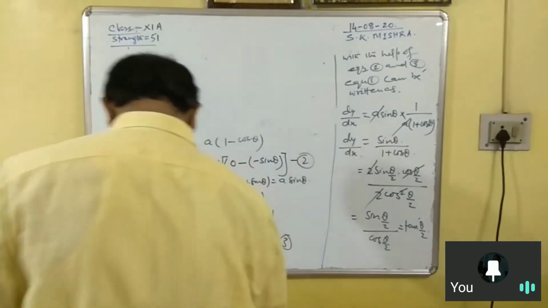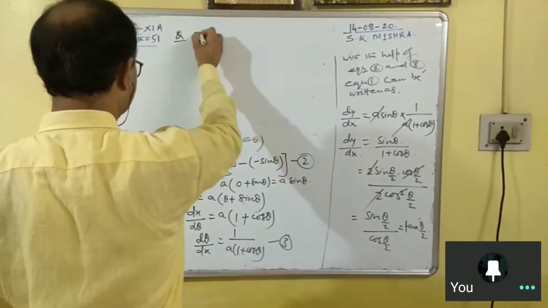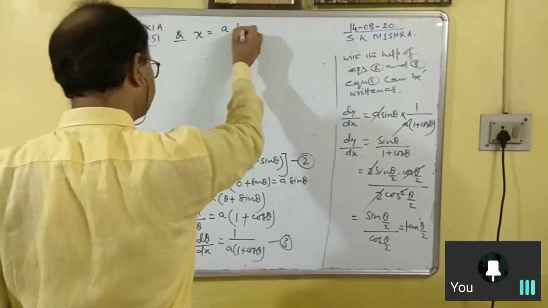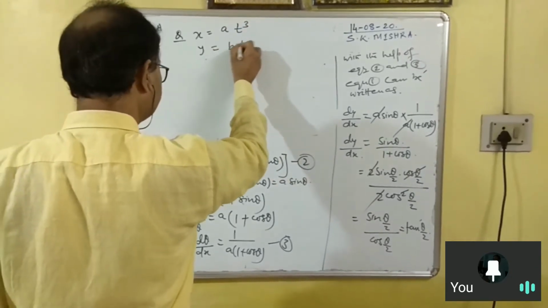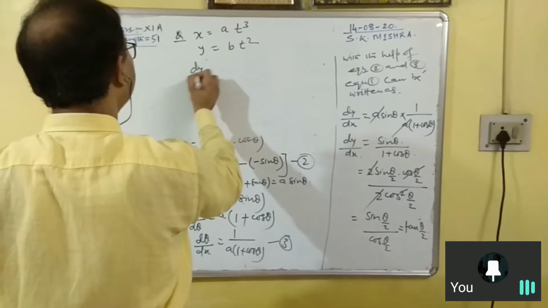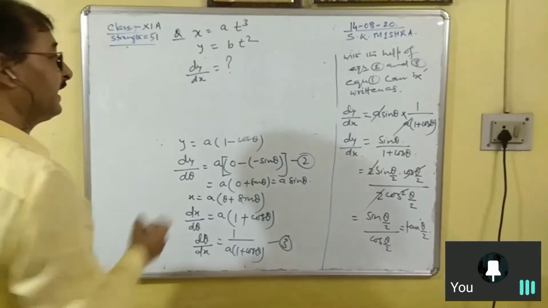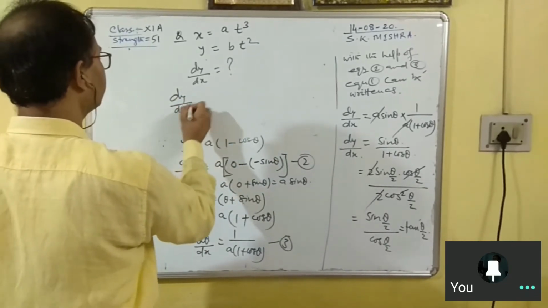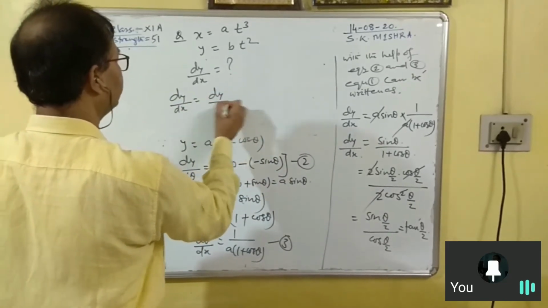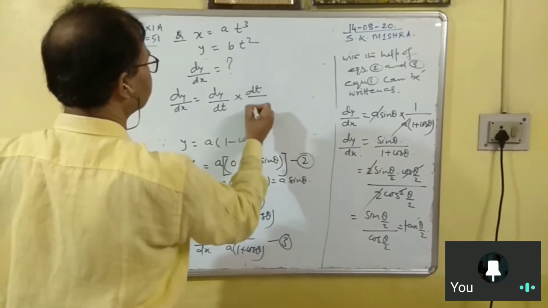Sometimes the question is x is equal to a t cube and y is equal to b t square, and then you have to find dy by dx. Again using the same trick, that is dy by dx is, now introduce t, dy by dt into dt by dx.